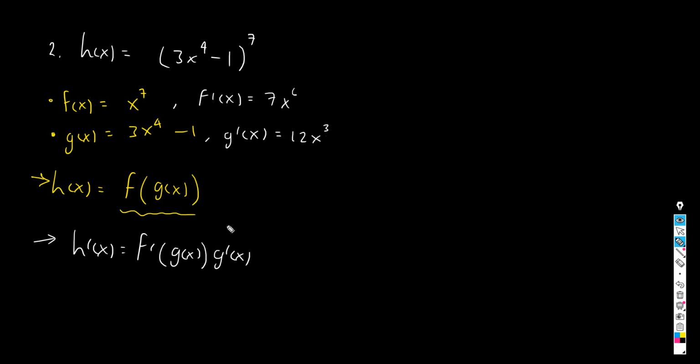Okay, now this is f prime of x. f prime evaluated in x is equal to this, and that means that f prime evaluated in g of x, which is what I need from here, is going to be equal to 7 times g of x to the 6, right? But what is g of x? g of x is all of this thing, 3x to the 4 minus 1.